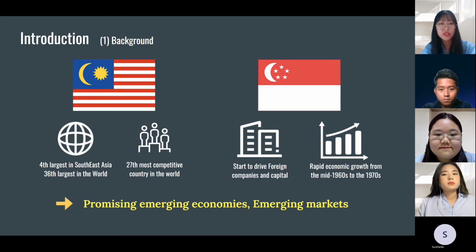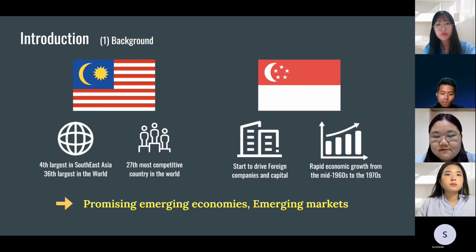Next is Singapore. Singapore began to dominate foreign companies and capital and grew rapidly from the mid-1960s to the 1970s, achieving double-digit economic growth. As such, both Malaysia and Singapore are among the world's most promising emerging economies.